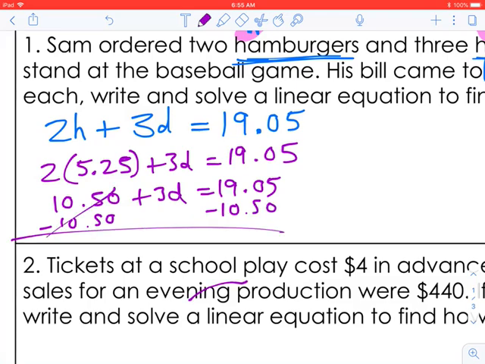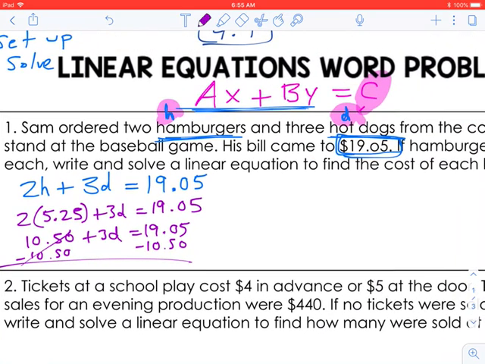When I subtract $10.50 from both sides, I'm going to end up with 3D equals, and I'm using a calculator, so don't think I'm trying to do this in my head, use a calculator, 8.55. When I divide by 3, I get my final answer: each hot dog costs 8.55 divided by 3, which is $2.85.